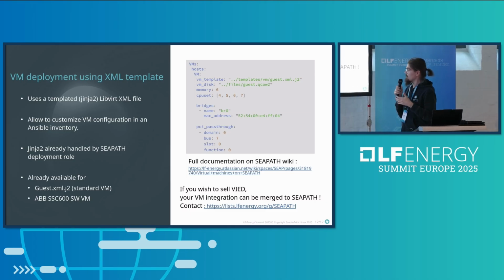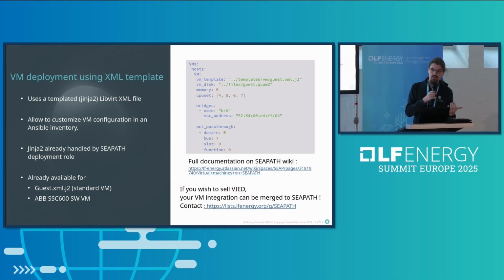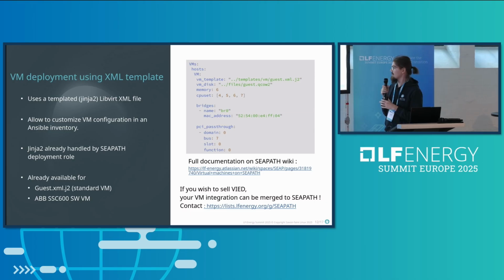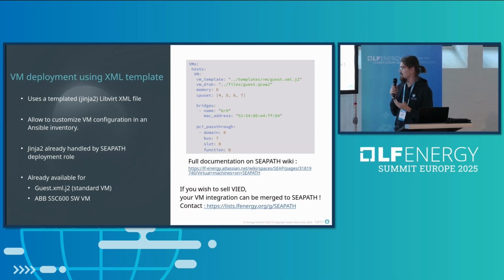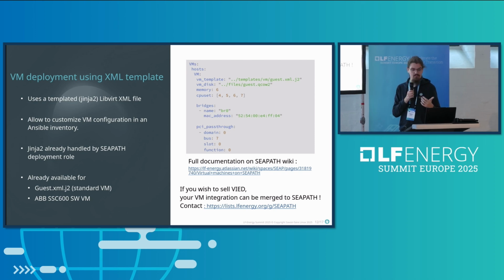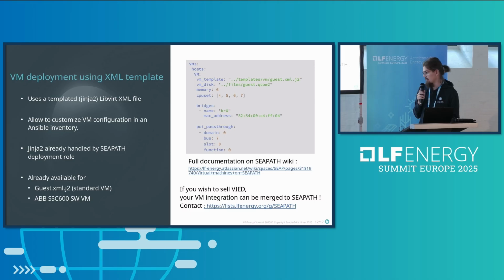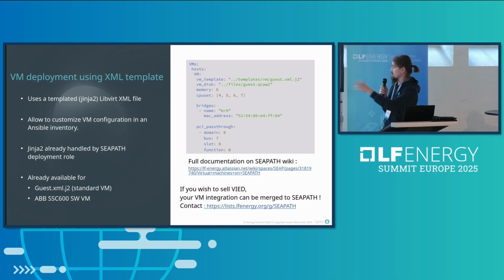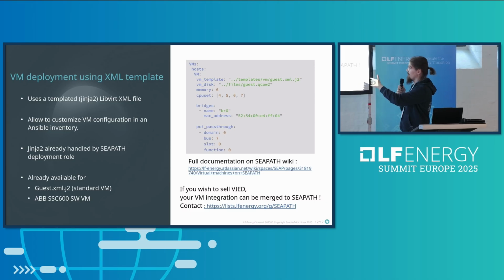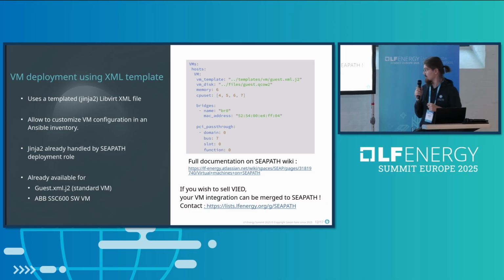The deployment playbook of CPaaS already handles the Jinja2 libvirt XML file. And we have 2 main examples. The guest.xml.j2 is a standard VM that we use for the CI and that should fit the most basic needs. And we have also done the same type of file for the IBB SSA 600 software VM.